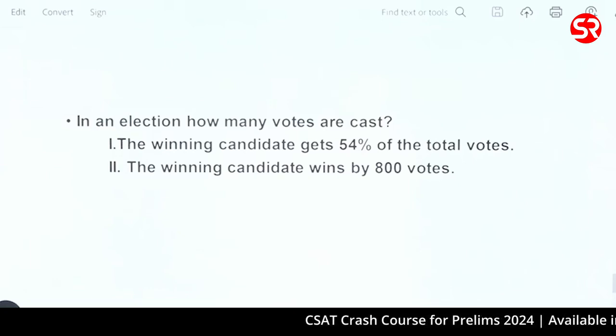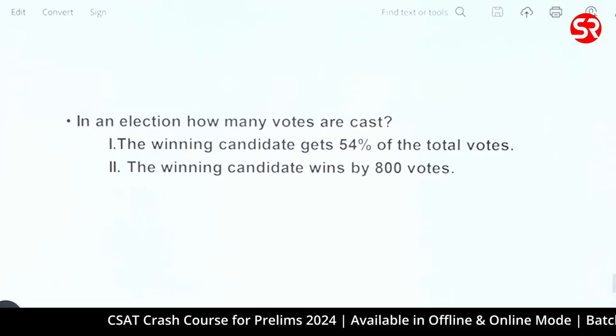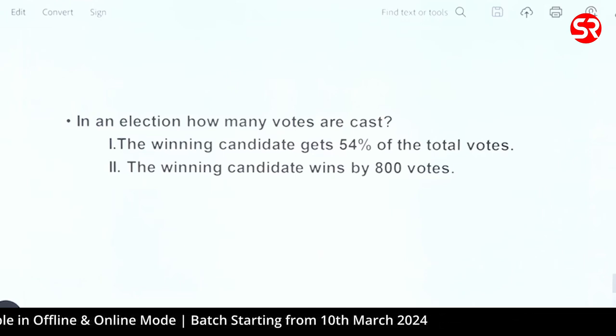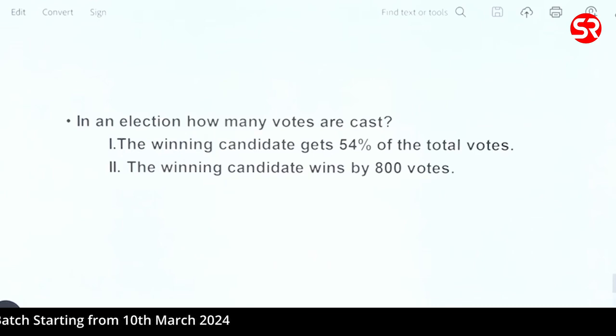You can note down this question if you want to. In an election, how many votes are cast? The winning candidate gets 54% of the total votes. The winning candidate wins by 800 votes.